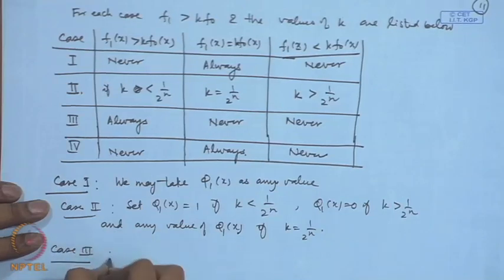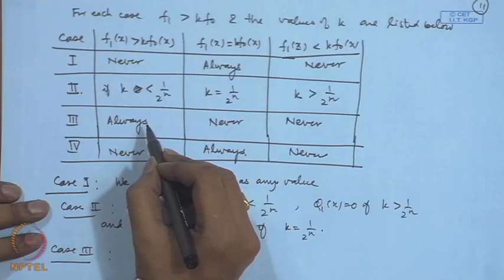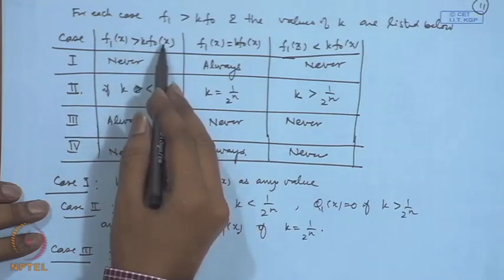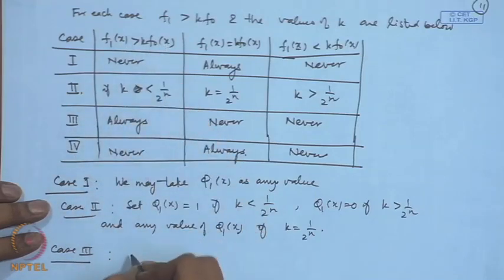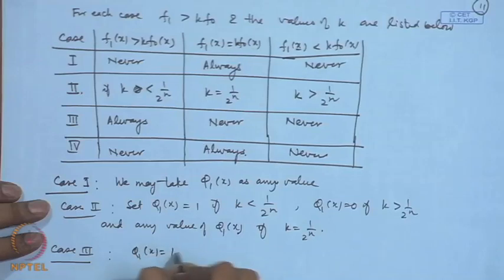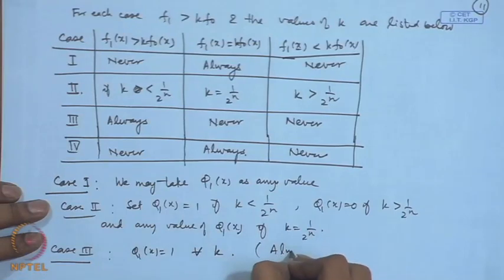If you look at case 3, this condition is always true. So, we always reject, that is phi 1 x is equal to 1 whatever be k, that is always reject H naught.